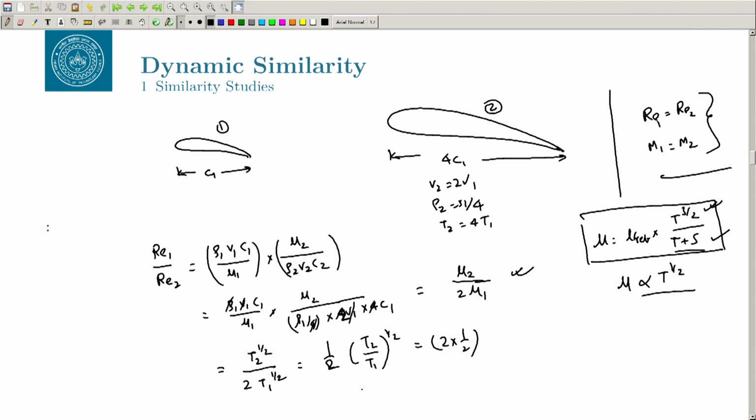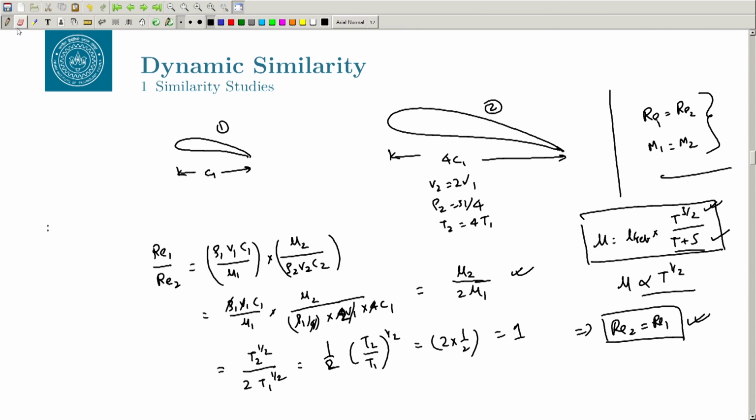So this is equal to 1, that means your RE2 equal to RE1. So, in terms of the comparison of Reynolds numbers, both are similar.